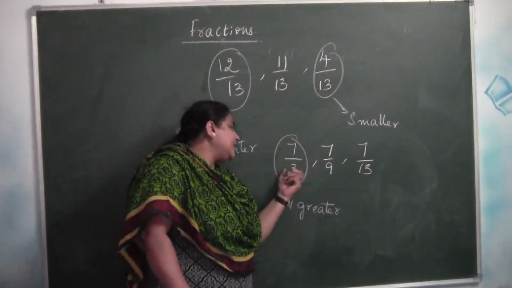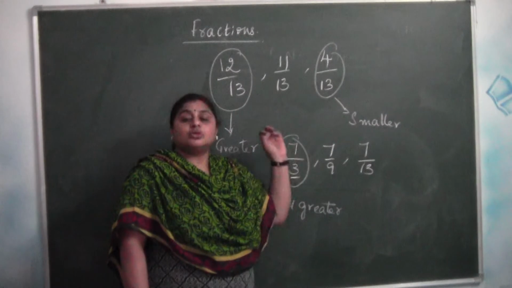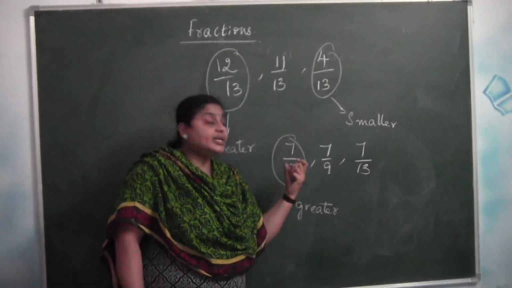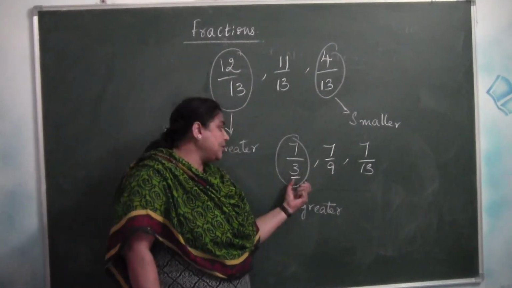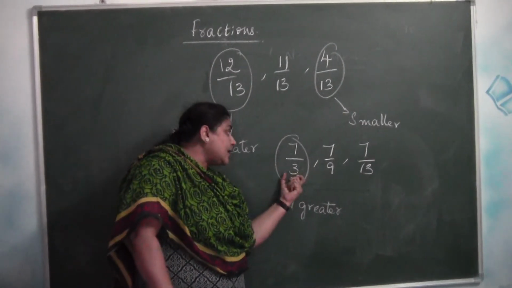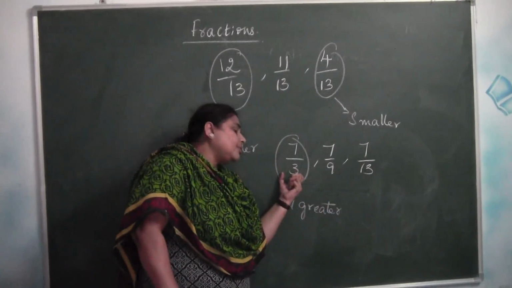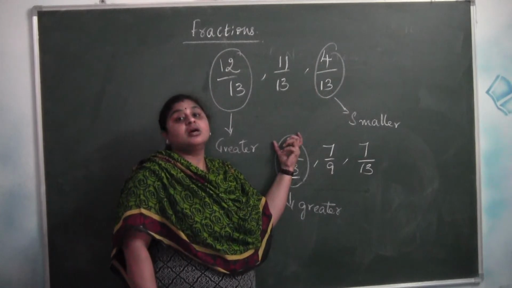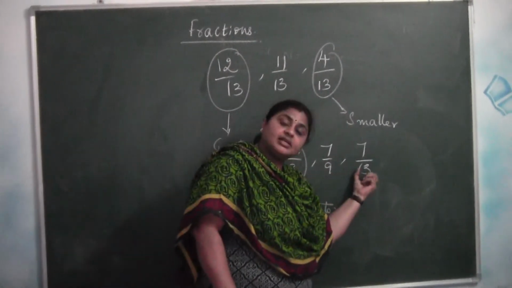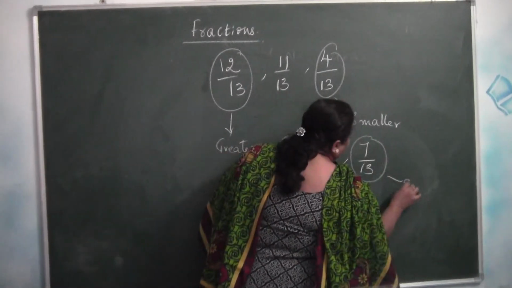Generally we might say that if the denominator is small, the fraction is small. No. If the denominator is small, then we say the fraction is greater, because 3 is the smallest number among the given denominators. Am I right? So, if the denominator is small, then the fraction is greater. If the denominator is greater, then the fraction is smaller.